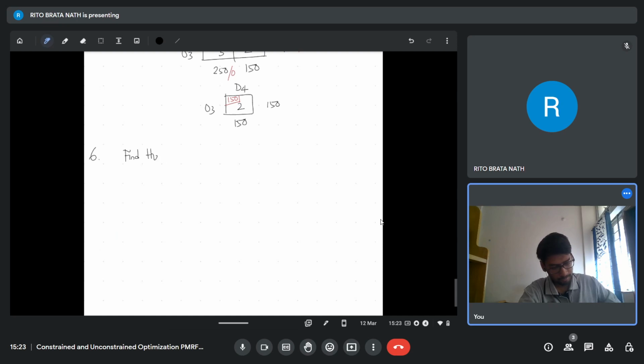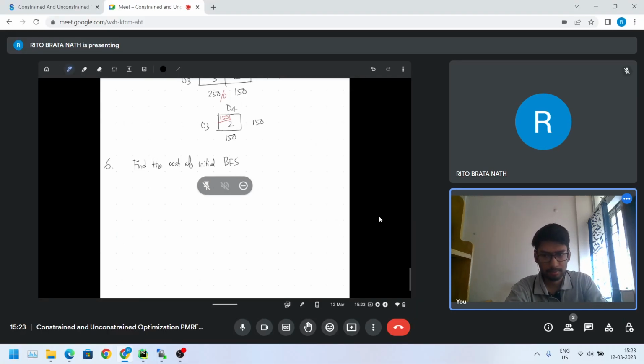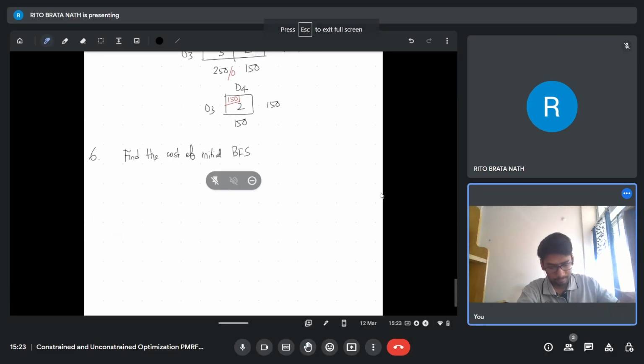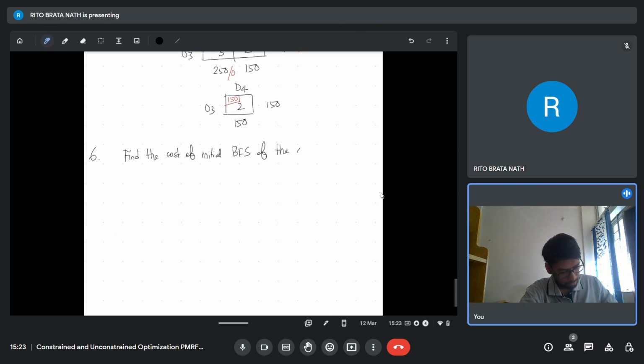Find the cost of initial BFS of the above transportation problem by matrix minima method.